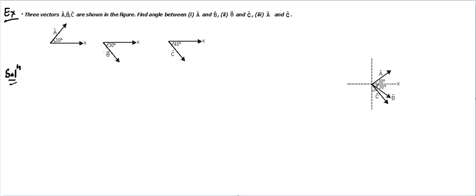Similarly, we can draw B vector as a co-initial vector, and we can draw C as a co-initial vector, so that will make 45 degrees from the x-axis. Once you redraw these vectors as co-initial vectors, you will find the angles will be easily known to us.